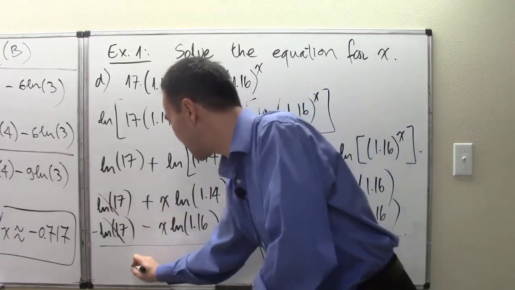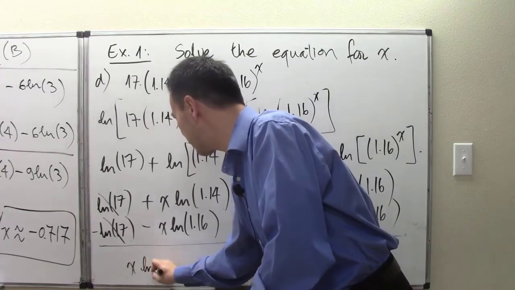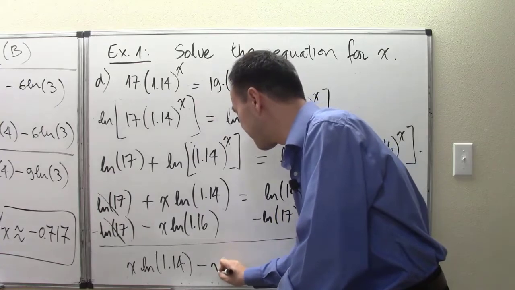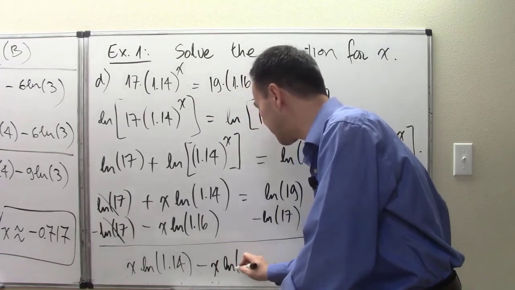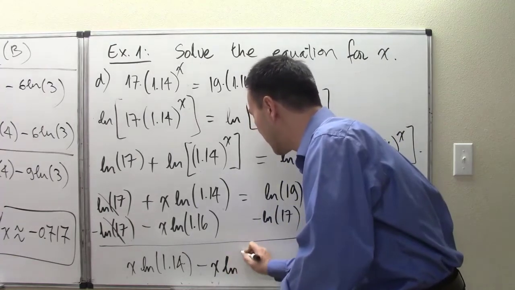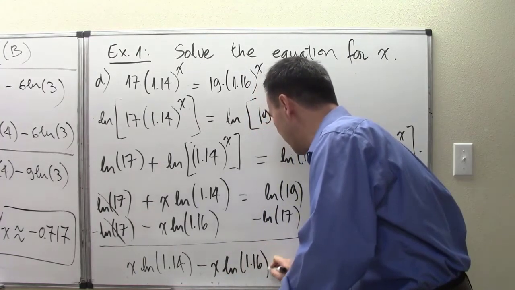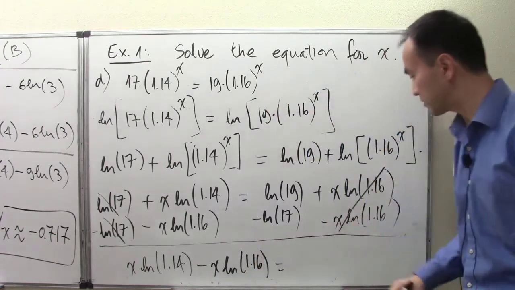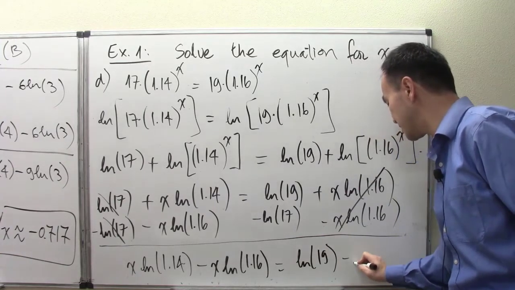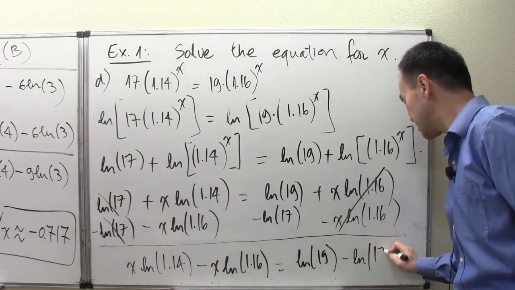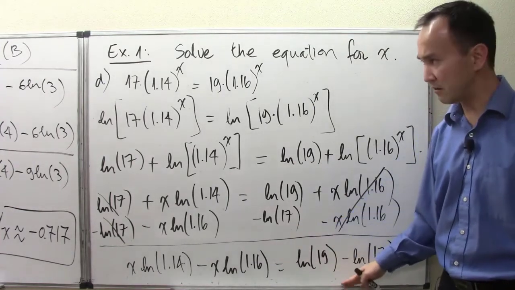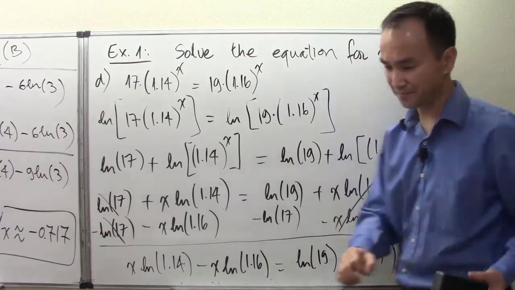The right hand side becomes x times the natural log of 1.14 minus x times the natural log of 1.16, and all of that equals natural log of 19 minus natural log of 17. All right, and now let's write down this step in the next space of my board.